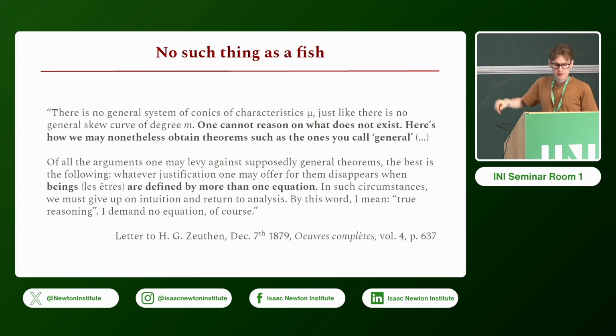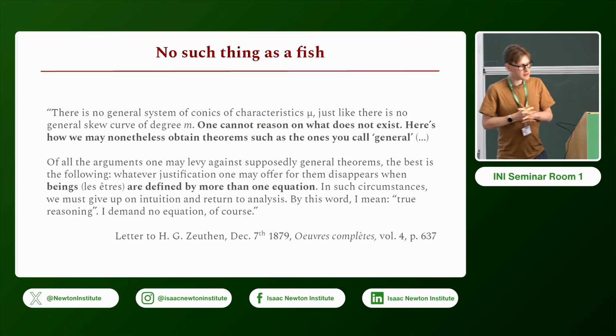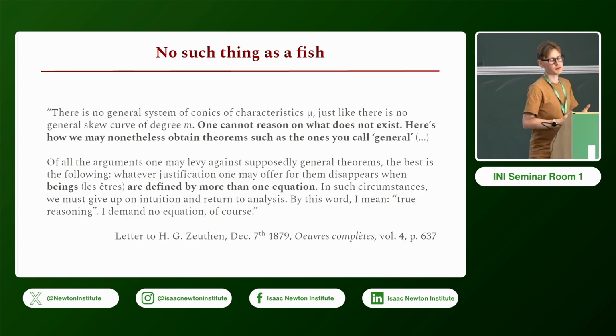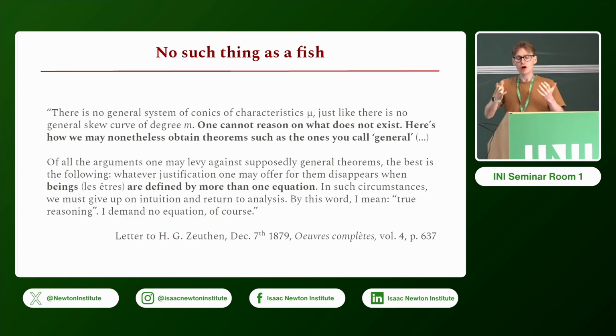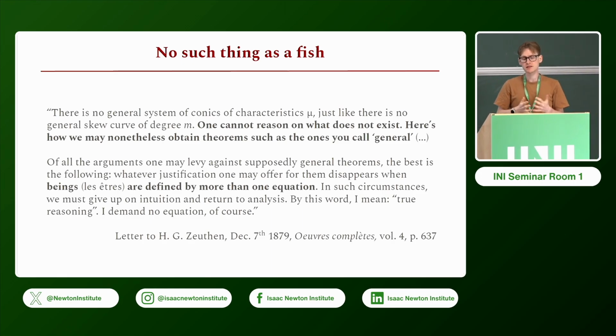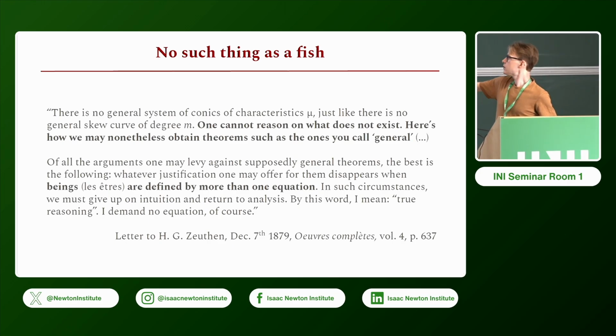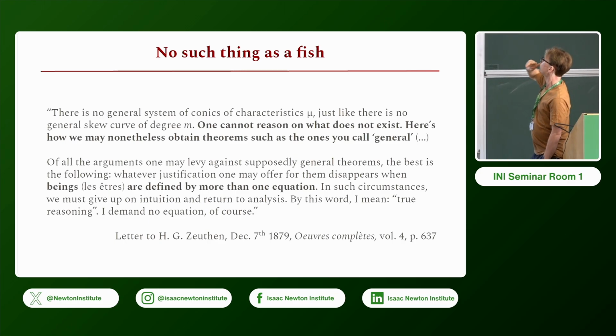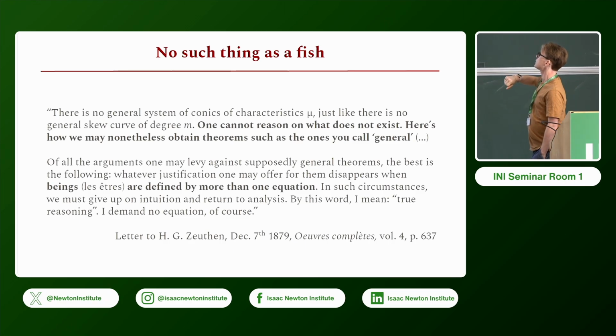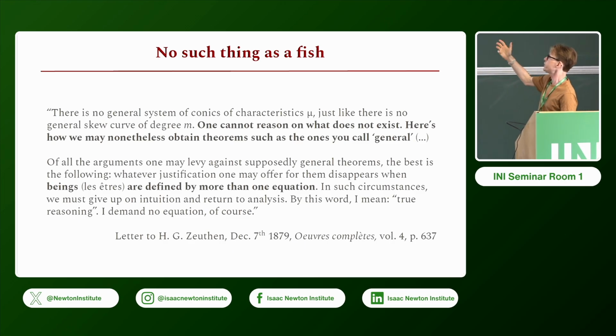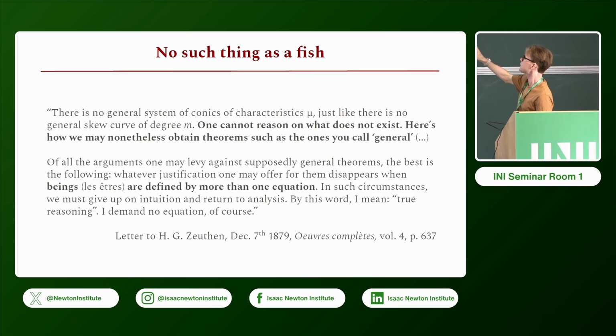And then he goes on. He tries to say, the issue with my opponents in this debate is that they try to reason, they try to discuss objects that simply do not exist, fictitious beings that cannot be properly defined. And why can't they be properly defined? Because they depend on several equations. Of all the arguments that one may levy against supposedly general theorems, so theorems that bear on these fictitious beings, the problem is the following.